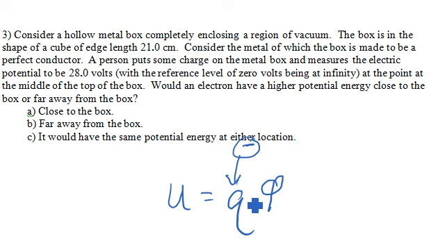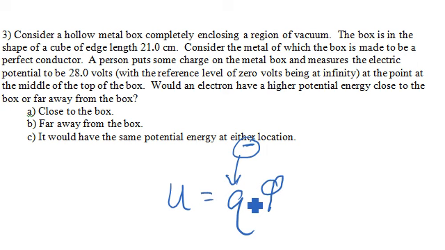So would an electron have a higher potential energy? At the surface of the box, the closest you can get to the box, it's got minus 28 volts, and then the further away from the box you get, the smaller the magnitude of the electric potential energy.